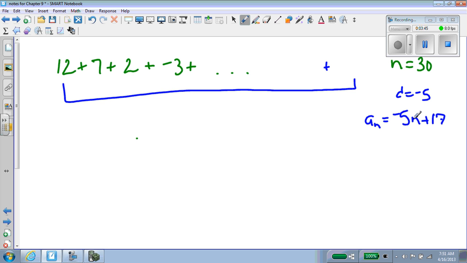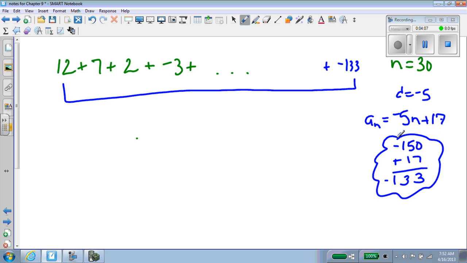So negative 5 times 30 is negative 150 plus 17, negative 133. So that last term was negative 133. This is sort of scrap work. Okay, so the sum of the first and the last term is negative 121.